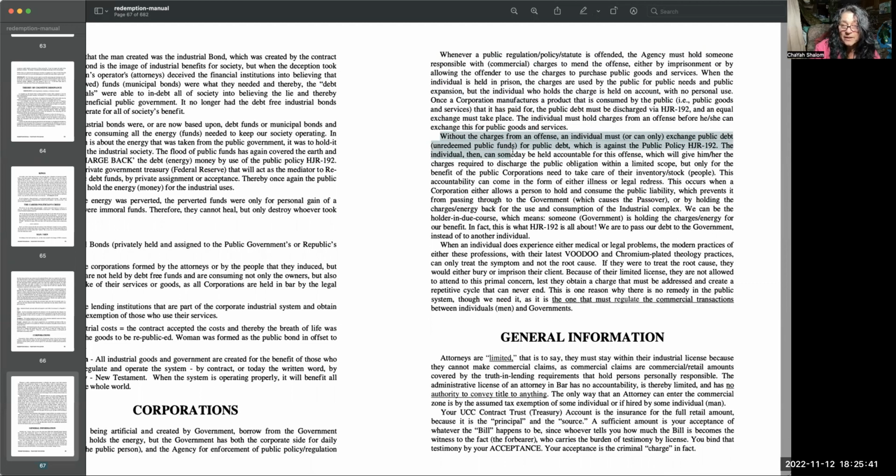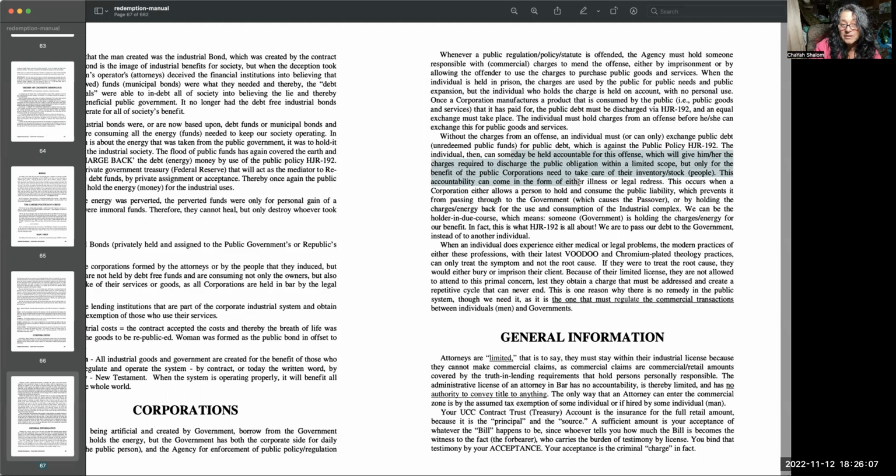The individual then can someday be held accountable for this offense, which will give him or her the charges required to discharge the public obligation within a limited scope, but only for the benefit of the public corporations need to take care of their inventory stock, people.